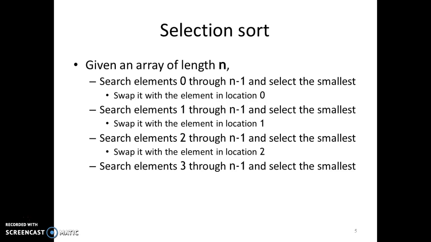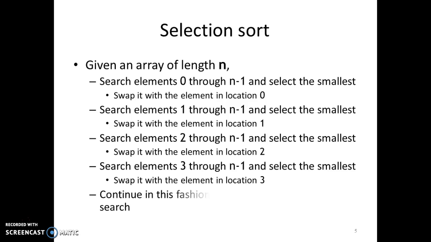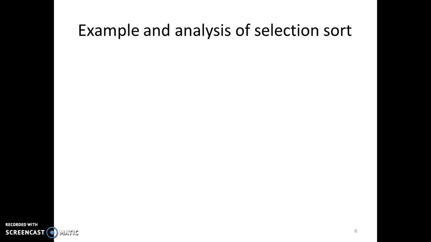Search elements 3 through n minus 1, select the smallest and swap it with the element in location 3. In a nutshell, in the first round, we find the smallest element and put it in array position 0, and in the second round we find the smallest among the remaining elements and put it in the second position, and so on. In that way we get a sorted array of elements.